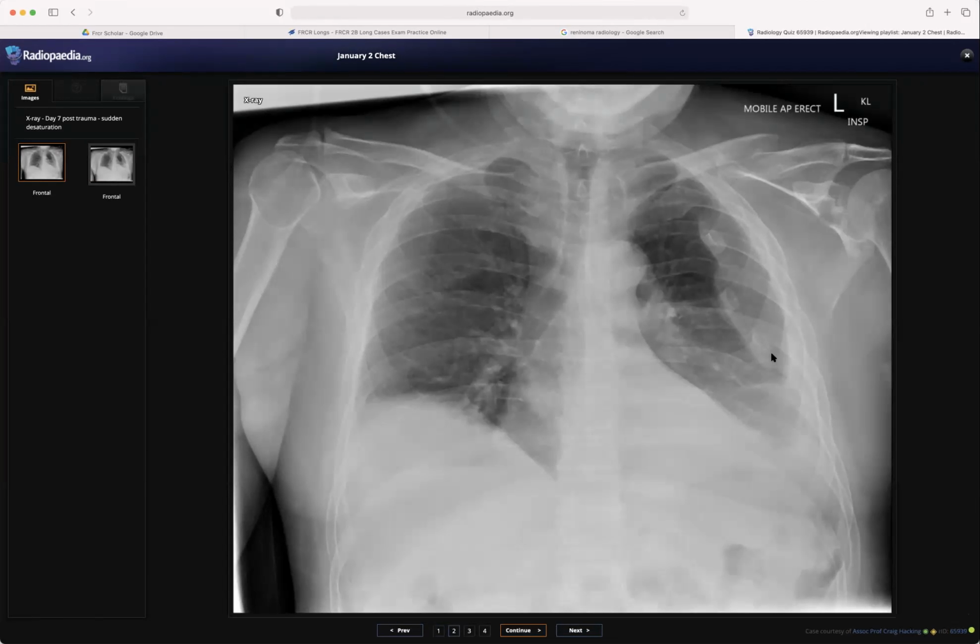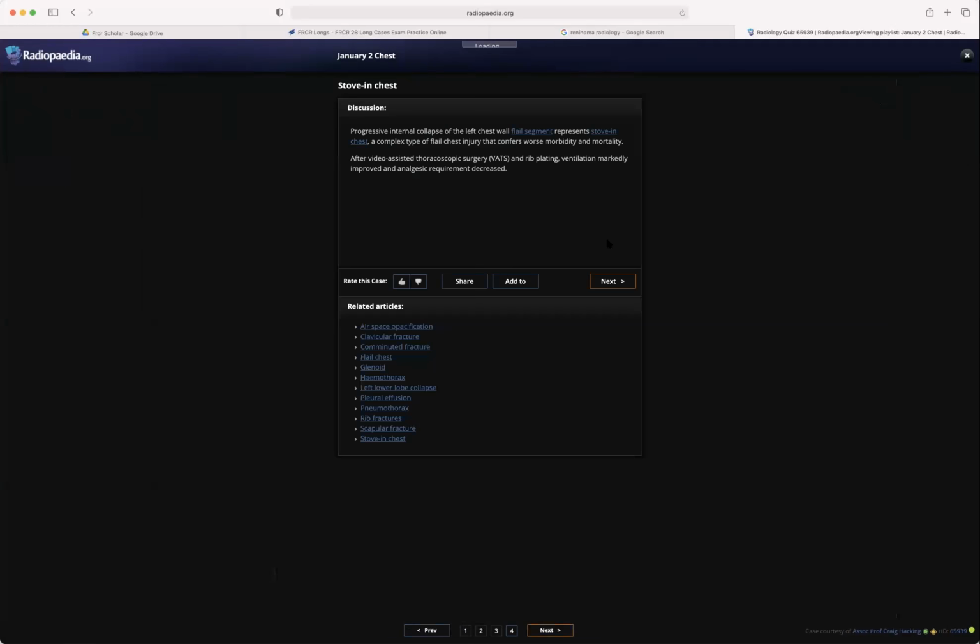This is what happens: when they left the patient on conservative management, this flail segment of the chest wall started indrawing inside, leading to significant reduction in the left lung volume and increased desaturation for the patient. So this was urgently managed. It's called a stove-in chest.